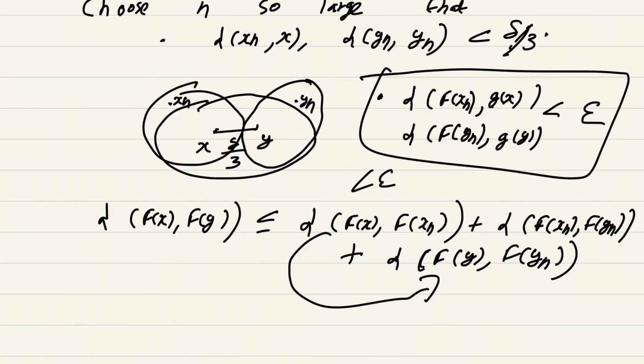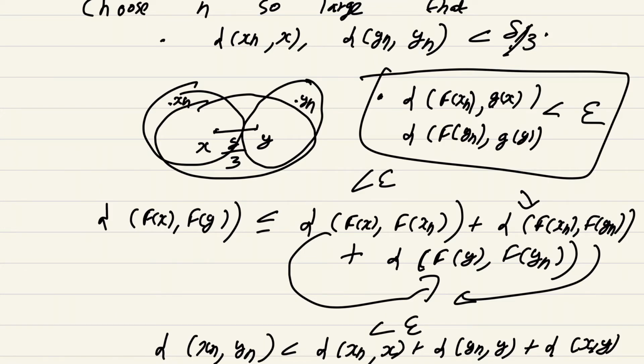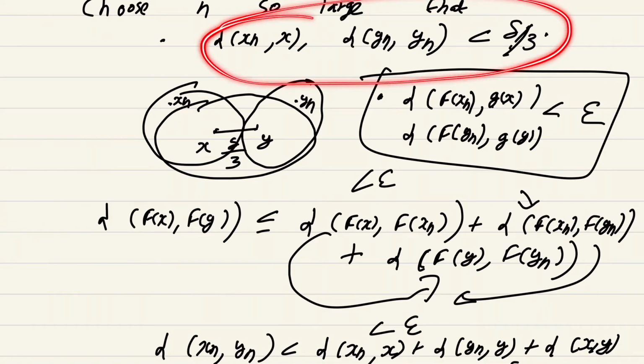However, d(f(xn), f(yn)) is also less than epsilon simply because d(xn, yn) is less than or equal to d(xn, x) plus d(yn, y) plus d(x,y), which is less than delta. So now you should understand why we chose that particular choice delta by 3 at this point, and not anything else.